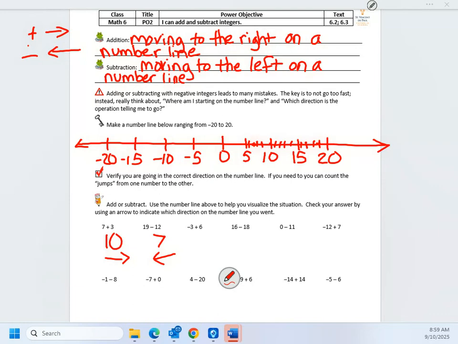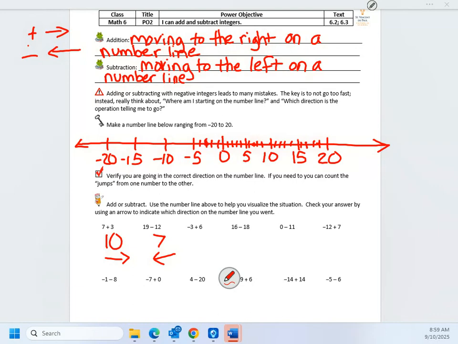Now, our next one is a -3. So I need to go to -3, which would be right here, and I want to add 6. So which direction am I going to go? To the left or to the right? Vinny? Or sorry, Matt? To the right. To the right.